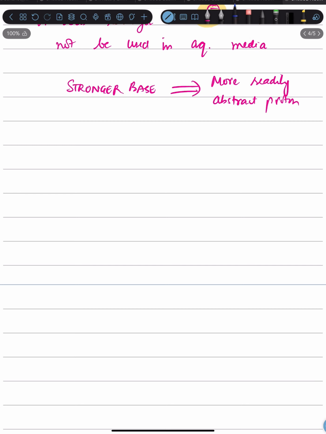Now, if we are using ammonia as a solvent for sodamide, what happens then? You are using amide ions from sodamide, dissolving this in ammonia.